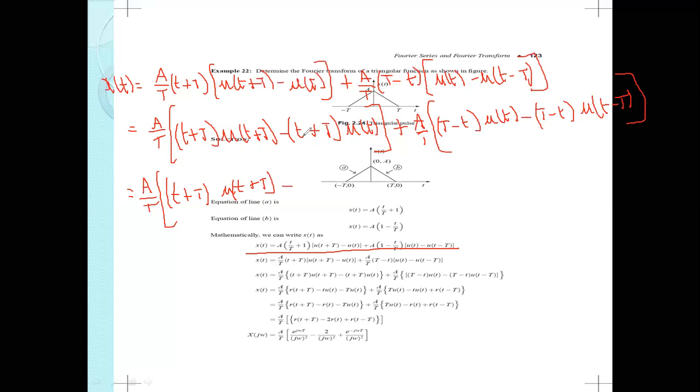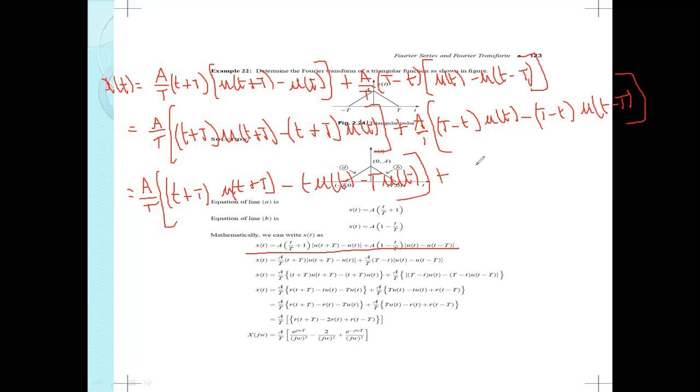Minus, now here see the t plus capital T and u(t) only, so I am multiplying individually, t into u(t) minus capital T into u(t). Okay, this is the total function.